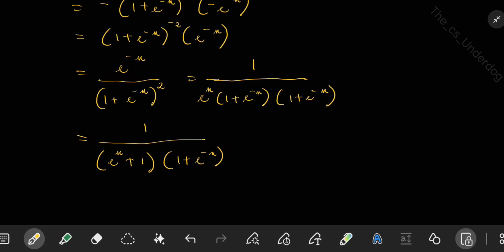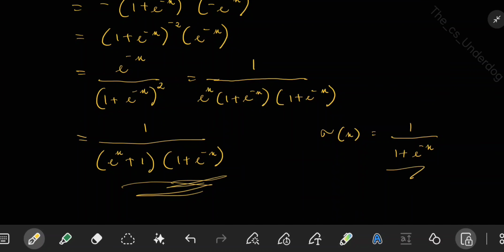What can I do from this point? From this point, I somewhere see the formula of a sigmoid here, because I know sigmoid of x is 1 by 1 plus e raised to minus x. So somewhere I see that formula here. What I want to do is single out that part, and for the remaining part I want to see how I can write it properly.